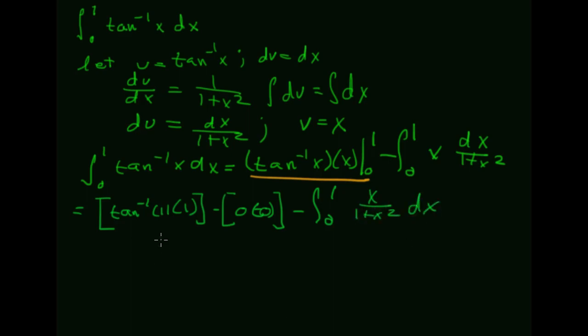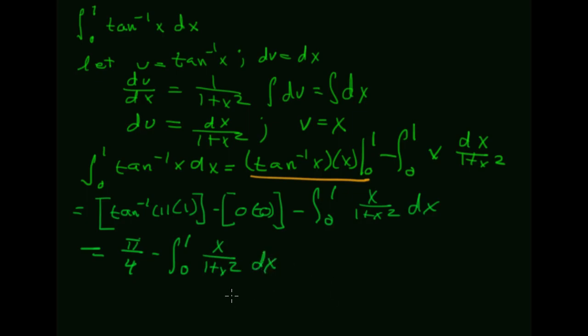The inverse tangent of 1 is pretty straightforward. Where does the tangent equal 1? Well, that's at pi over 4. So this is pi over 4 minus the integral from 0 to 1 of x over 1 plus x squared dx.